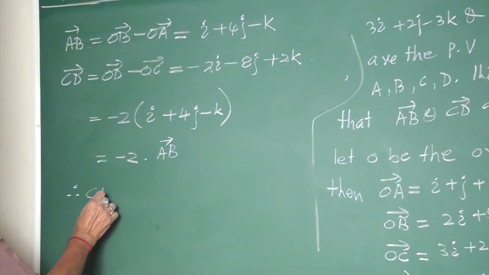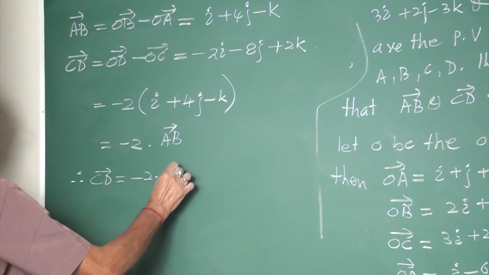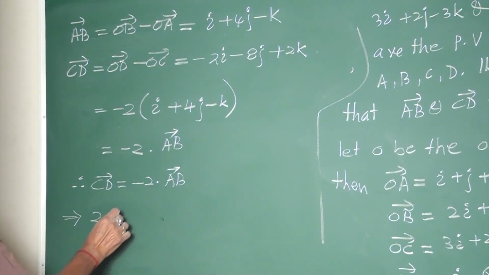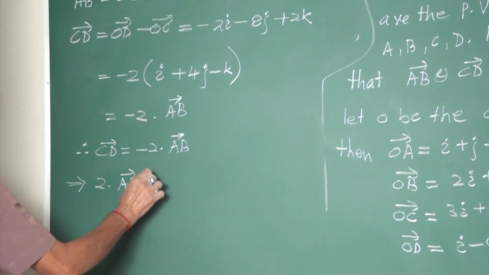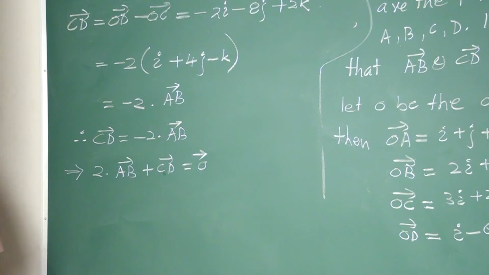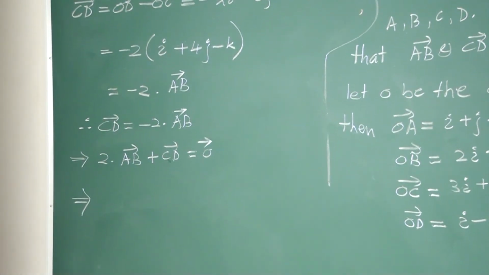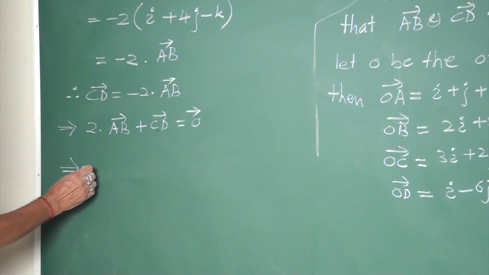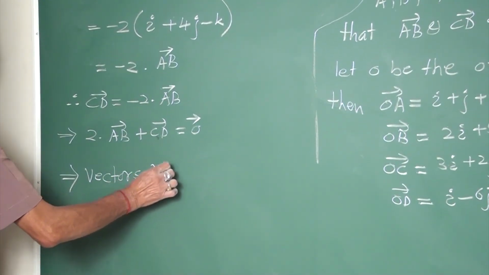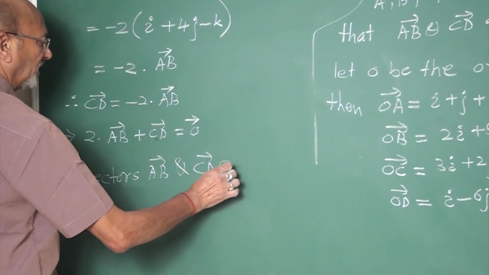Therefore, vector CD equal to minus 2 times vector AB. Or you can say that 2 times vector AB plus vector CD is a zero vector. This itself shows what? The points lie on the same line, so the vectors are collinear. It implies vectors AB and CD are collinear.